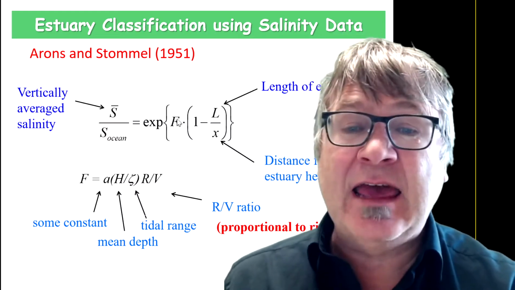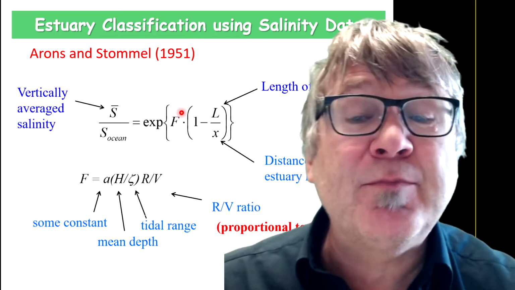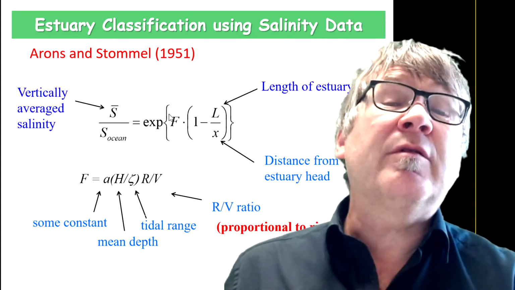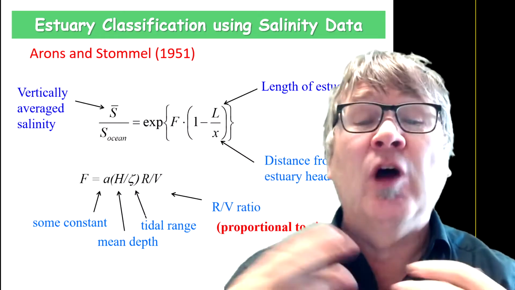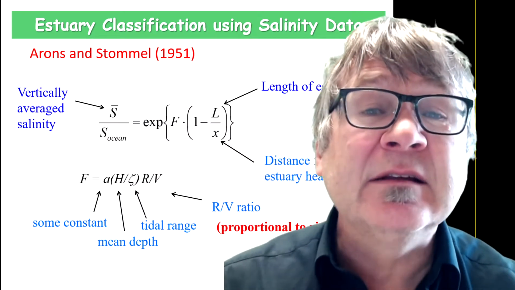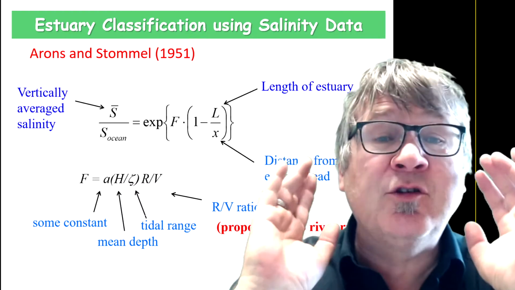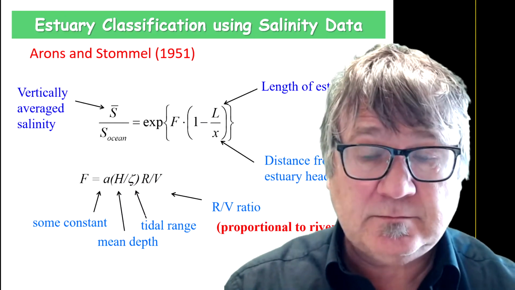It's only this F which determines the shape of your function. Then you can go one step further, and this goes back to Ahrens and Stommel from more than 70 years ago. They looked at these shapes and derived this function.